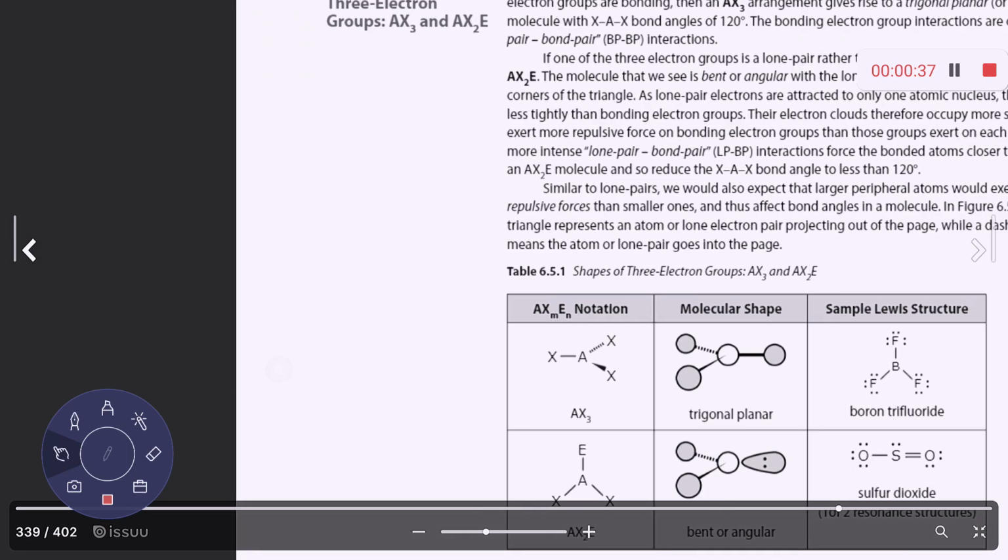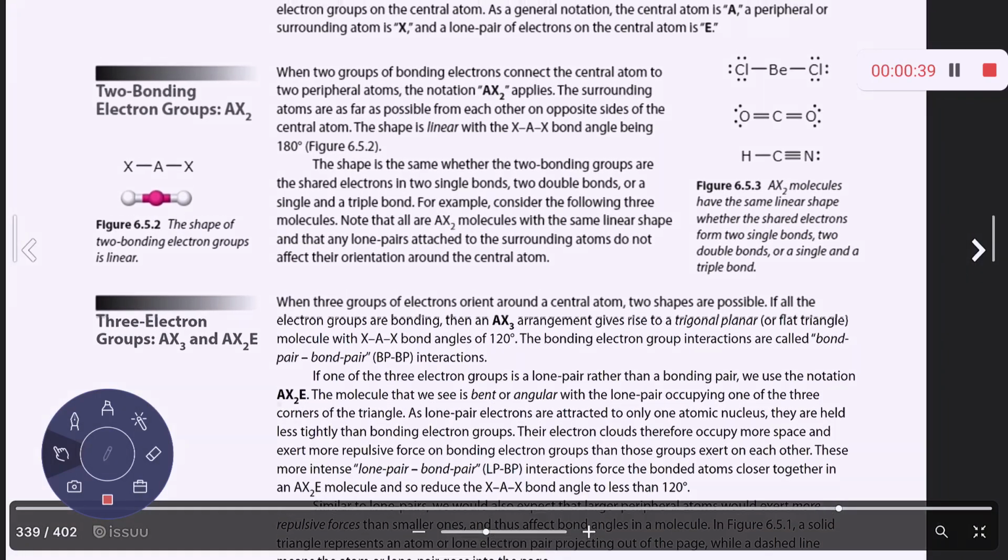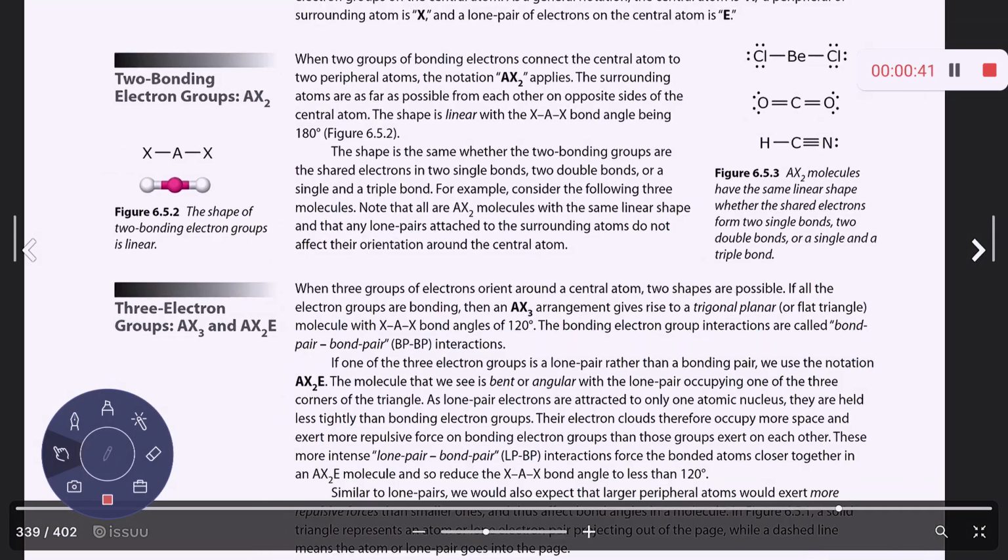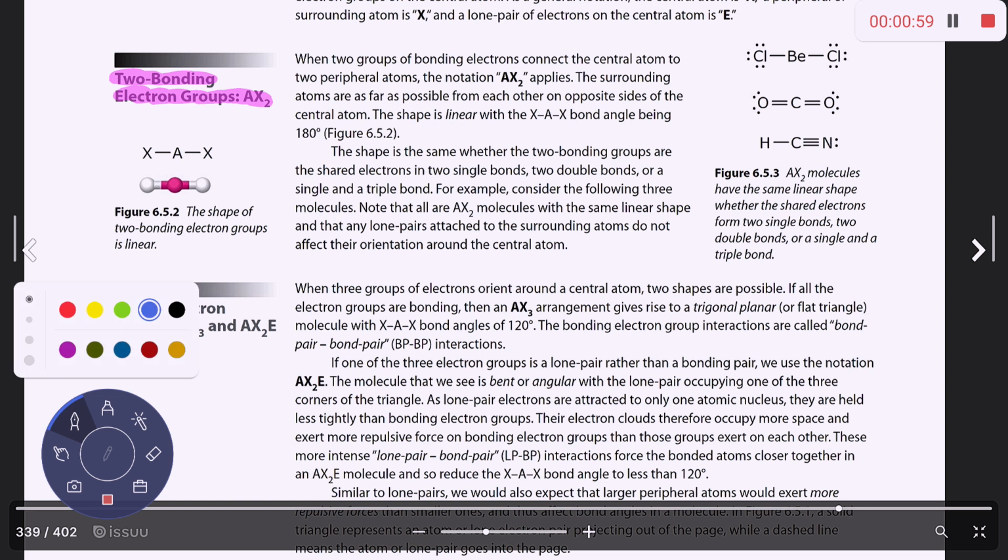So let's turn to the next page, and we're going to start with this first group called two bonding groups. I'm probably going to write some stuff on the board as we move along just to help you stay organized. So when we've got two bonding groups, that means you may have singly, double, or triple bonded groups on a central atom.